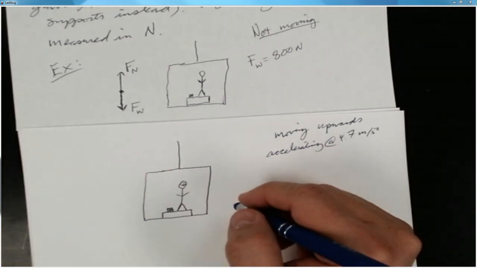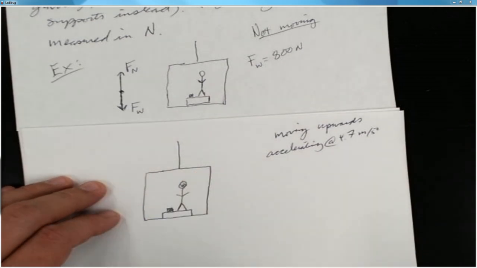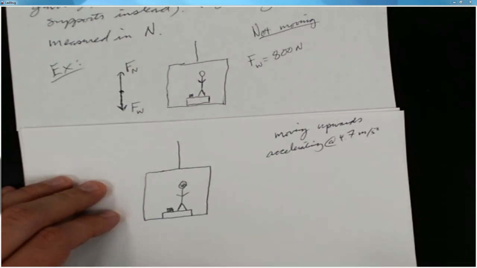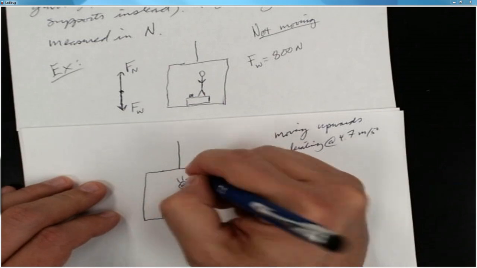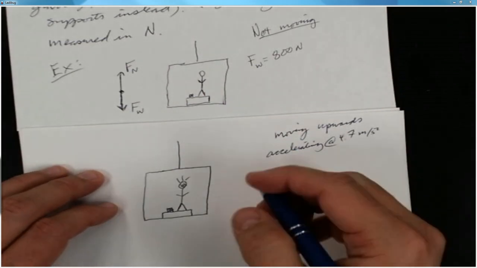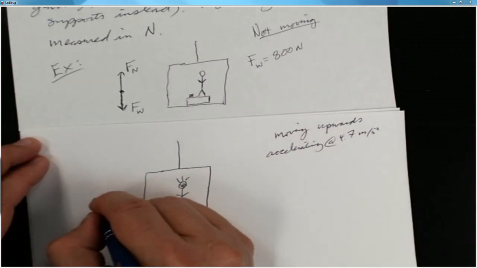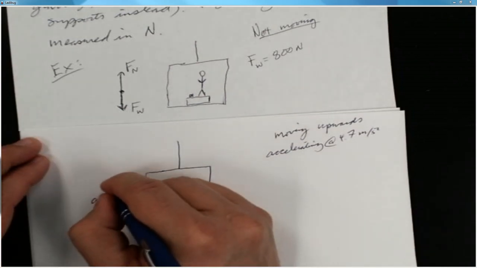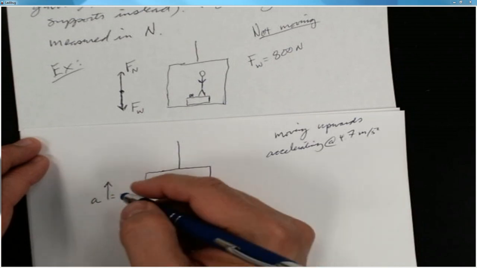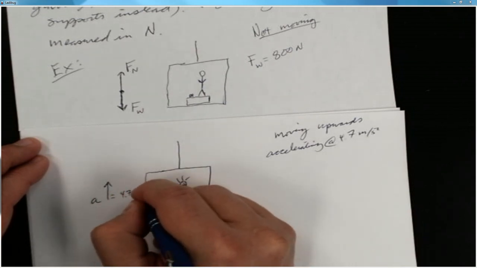So there he is, filled with astonishment. I guess hair helps. Yes. So definitely excited. The elevator is going upwards at 4.7 meters per second squared.